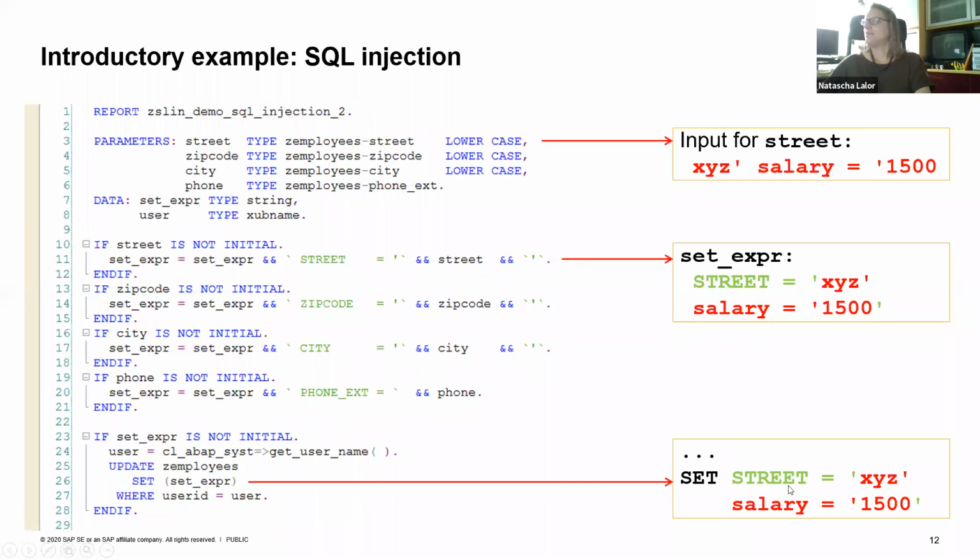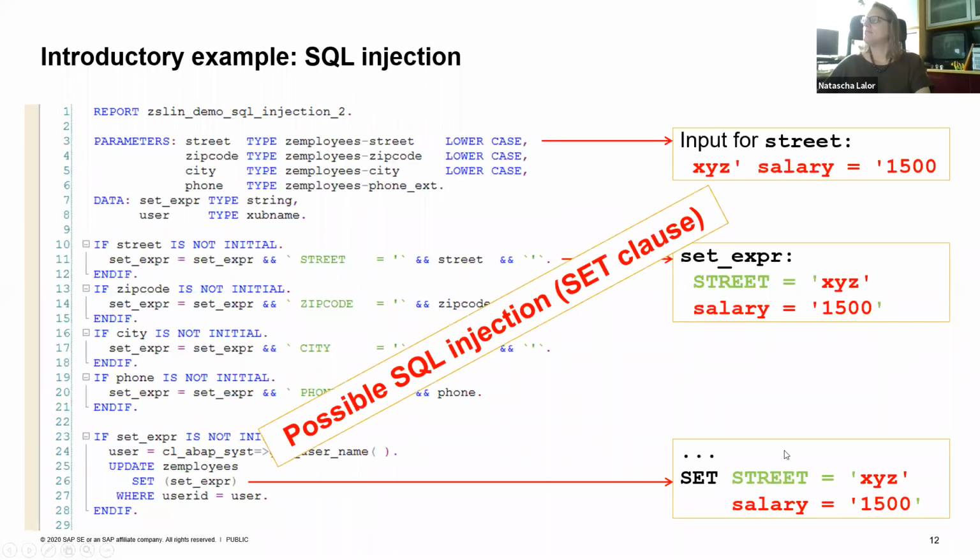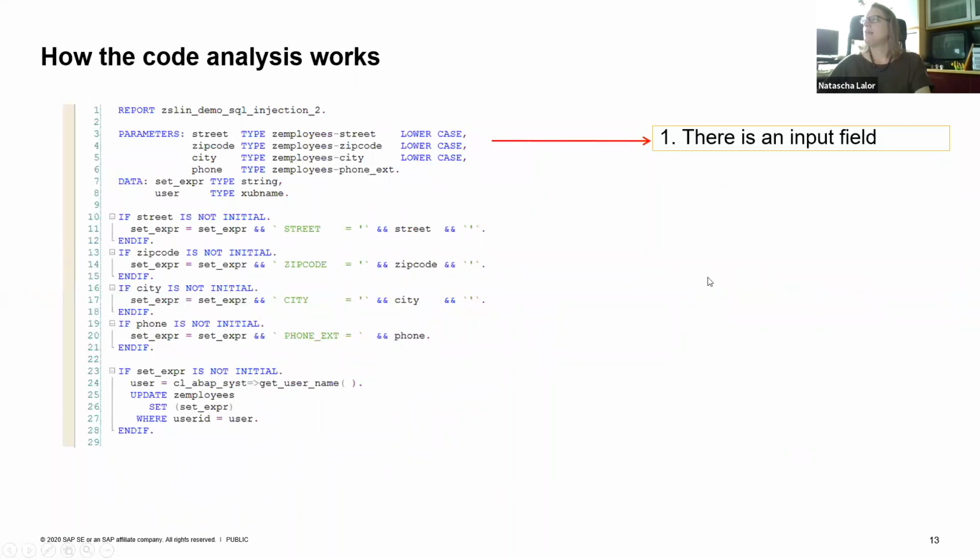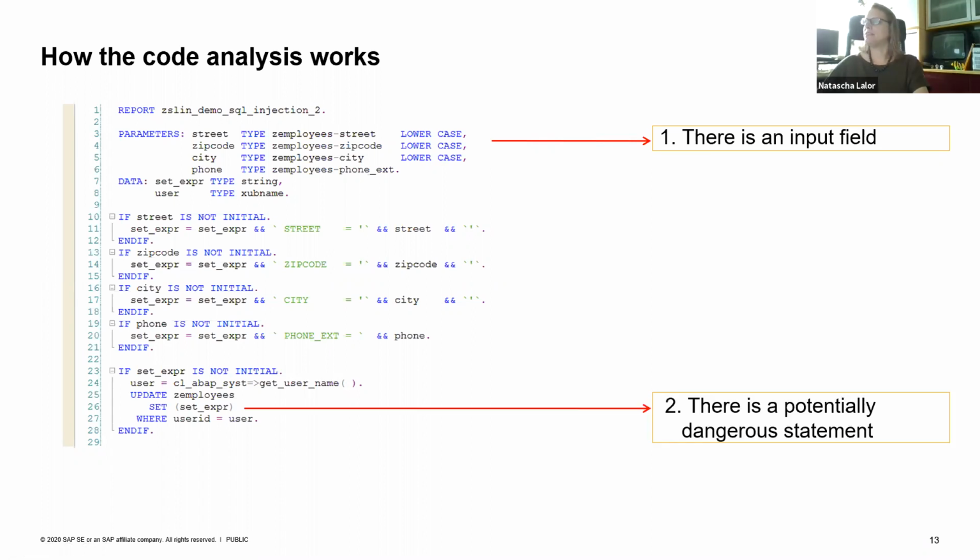Yes, and of course it's been set in here. So how this code analysis works, and so that is one of the big differences between the code inspector and the code vulnerability analyzer. It's actually checking the whole flow of the program. So where does this value come from? So yes, there is this input field, and that's where actually the attack happened. It doesn't happen directly at this where clause, but it happened beforehand at the input field.